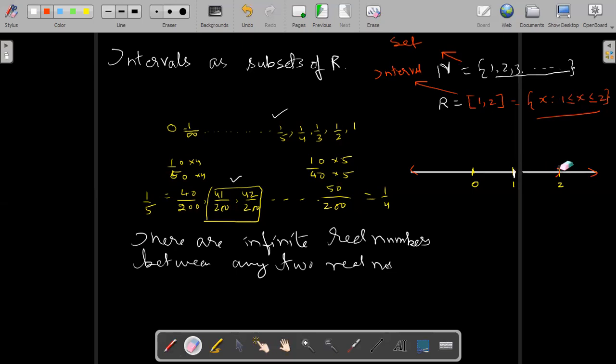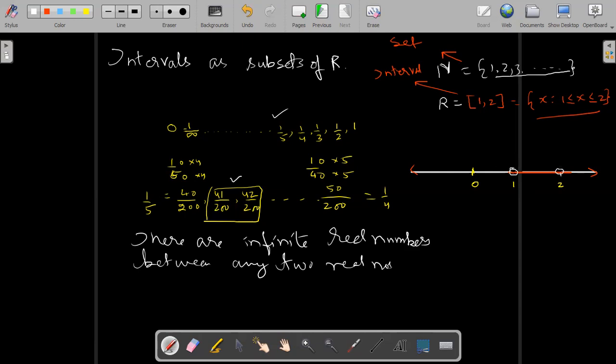You can show this interval on the number line also. How? It is included, so at 1 we will make a circle, and on 2 also.